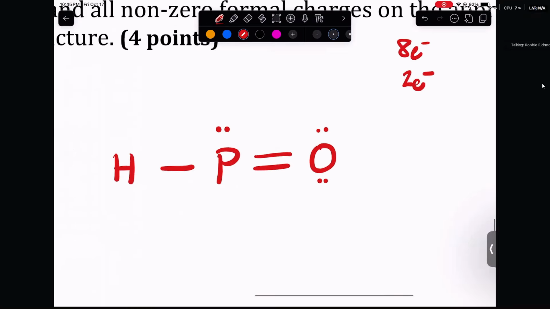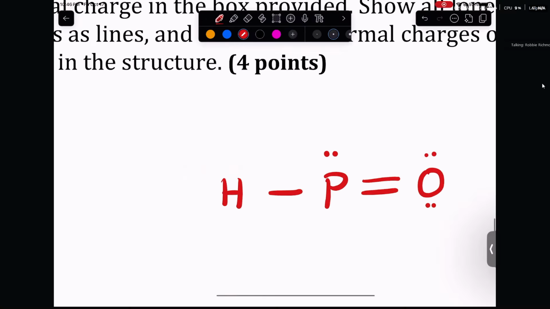So formal charges should reflect the overall charge in a molecule. So if we have any formal charges, they should all net to 0, since this is a neutral molecule. Hydrogen, we have 2 valence electrons minus 1 electron minus, no dots here, minus 2 over 2 because that represents that 1 bond right here. Now, this is how Dr. Outlaw taught you.